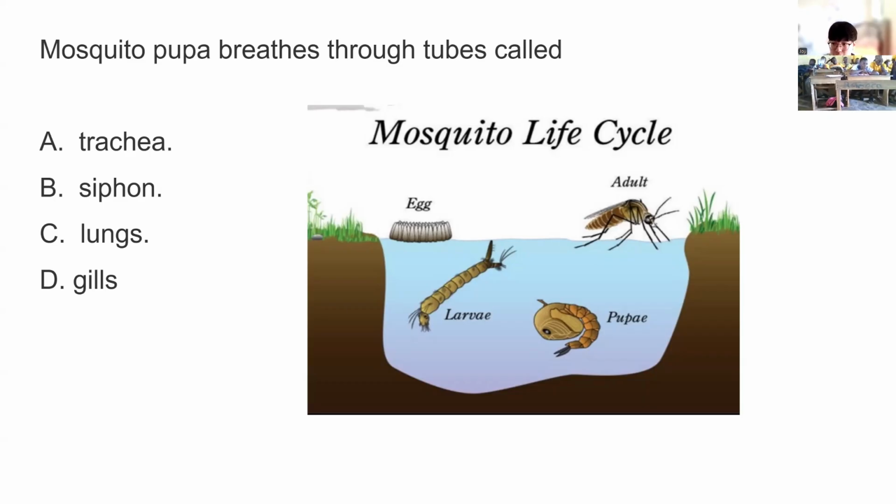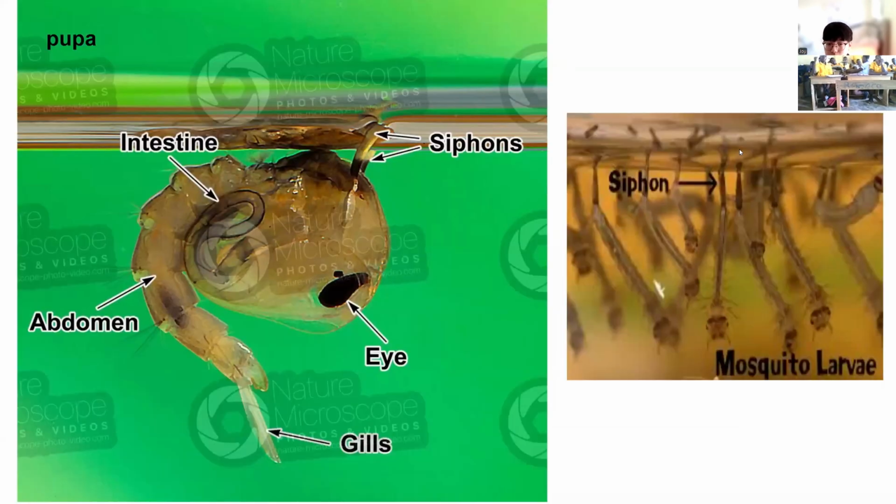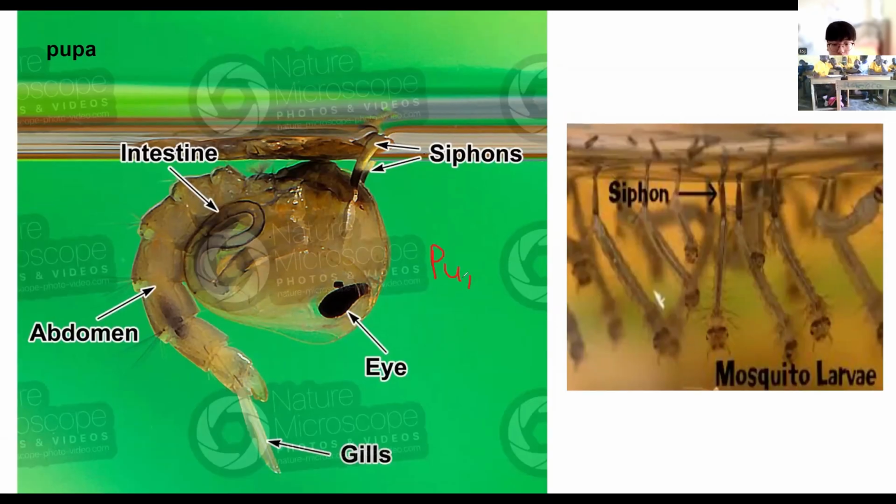Oh, yeah, if you said B, then it's actually correct. Great job. The answer is B. It's called a siphon. So this tube that is on the pupa and also the larvae is called a siphon. So let's look at the structure of the mosquito pupa and the larva. This is a close-up picture of a pupa.